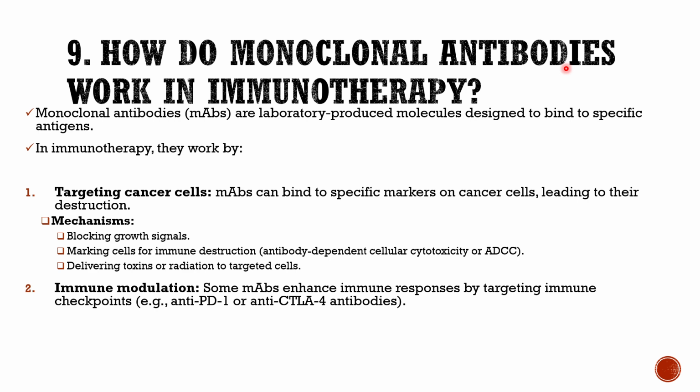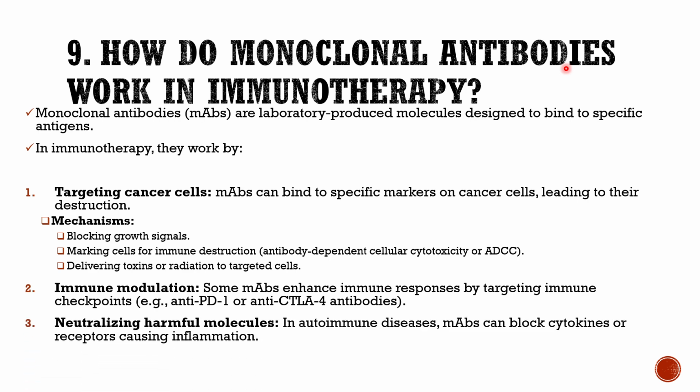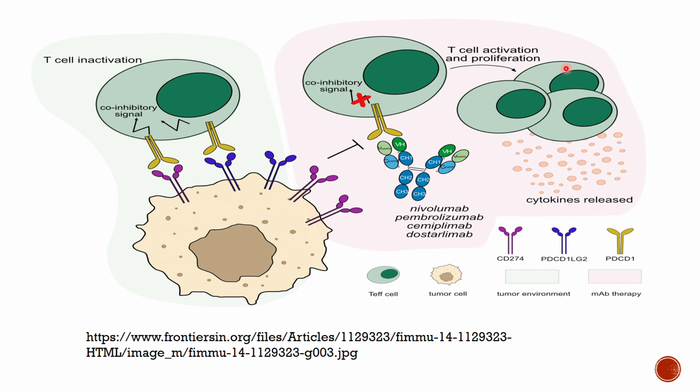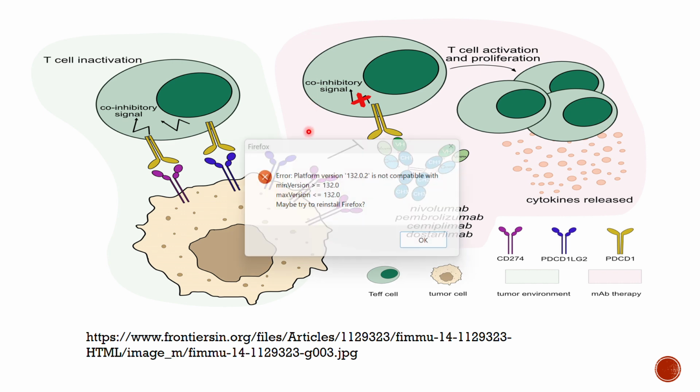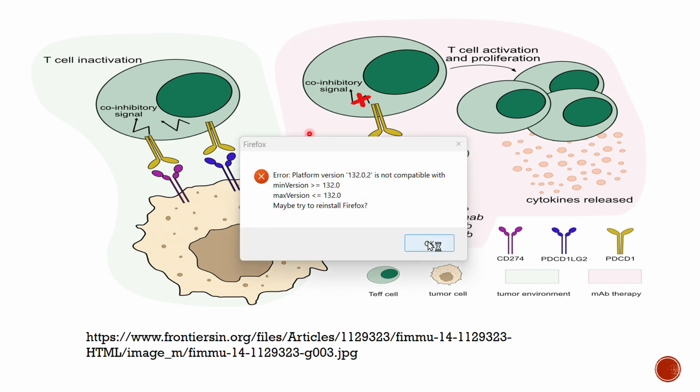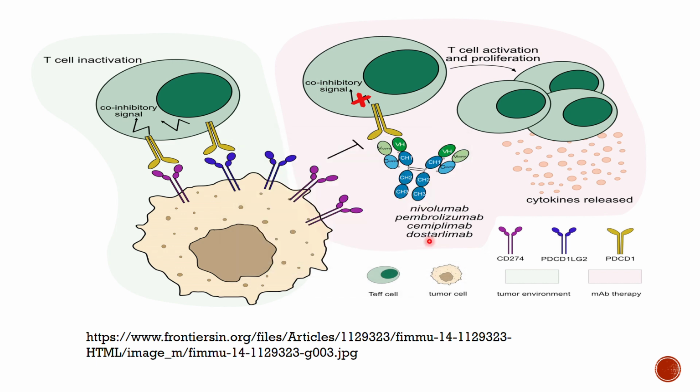These monoclonal antibodies are produced from hybridoma cells that are manufactured by combining normal cells and tumor cells.